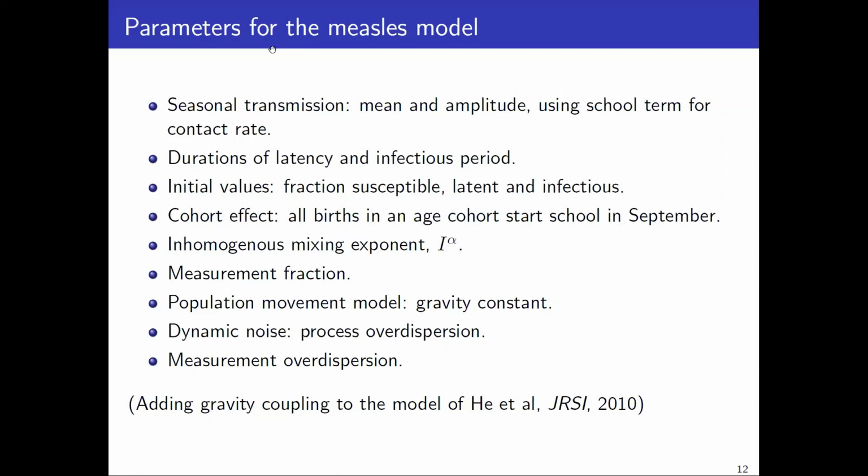That's really a separate talk, but it's an important thing. And you need overdispersion both in the dynamics, which is the process model, and in the measurement, if you want to explain this data. And then this model is basically a previous model plus the coupling.